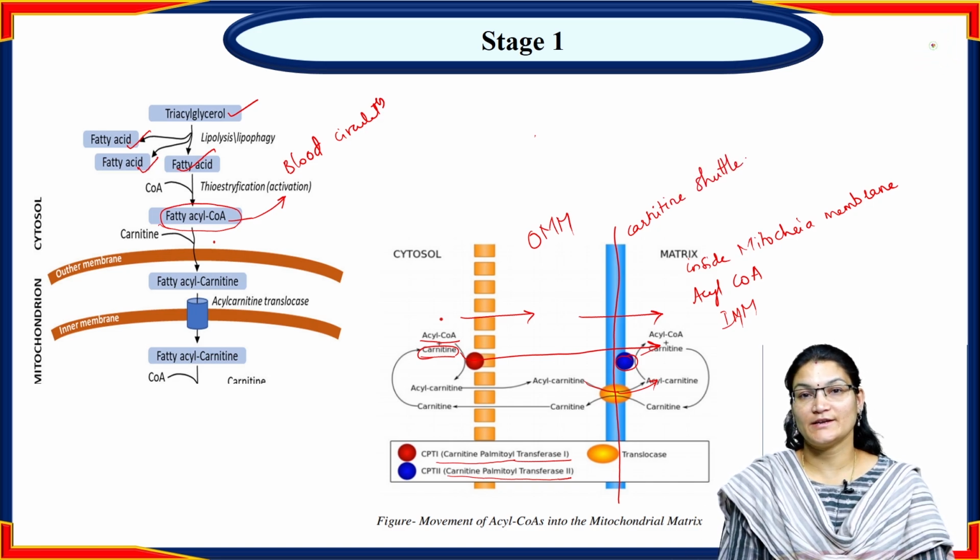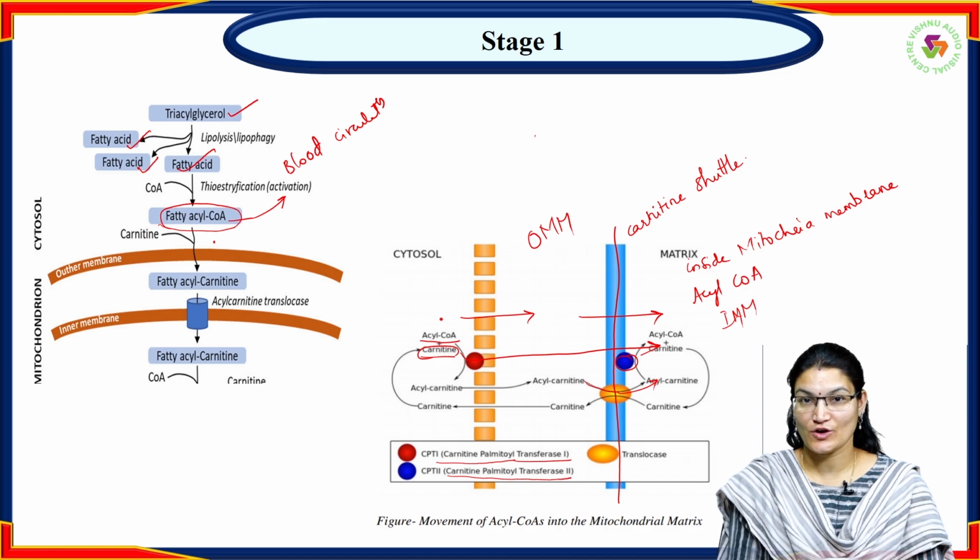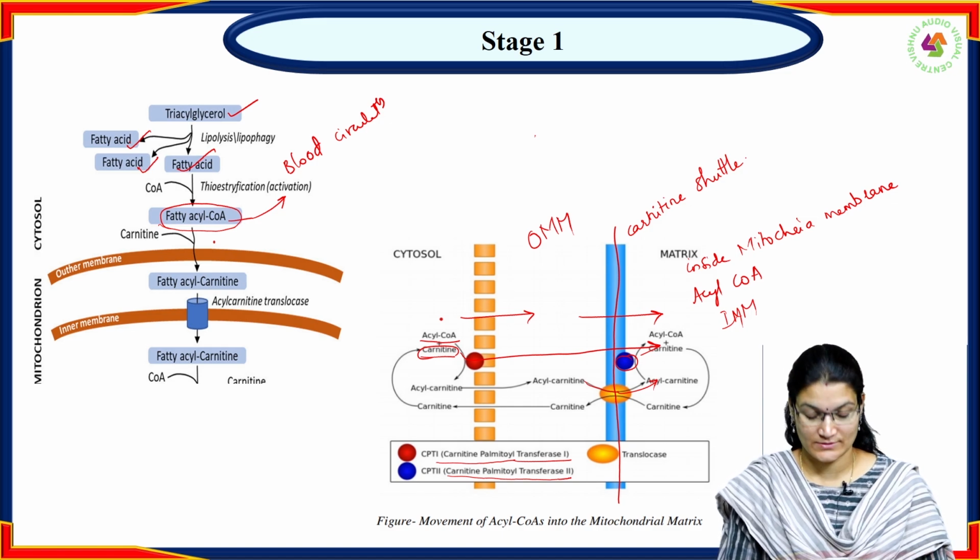So the carnitine shuttle is nothing but blocking entry of acyl coenzyme A into the mitochondrial matrix.